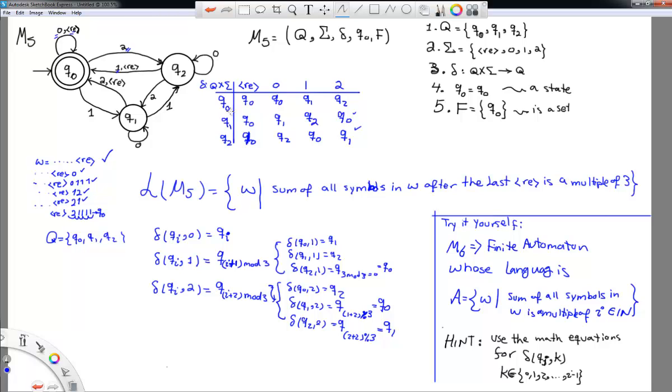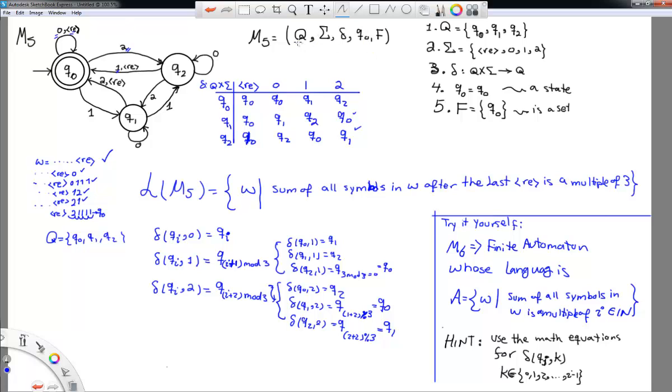So I'm just going to go over the definition of this automaton to give you a quick overview of what it looked like, and then we'll redesign this automaton. This is your assignment: generalize M sub 5 to be the automaton M sub 6, a finite automaton whose language is the strings in which the sum of all symbols is a multiple of I, I being any natural number.